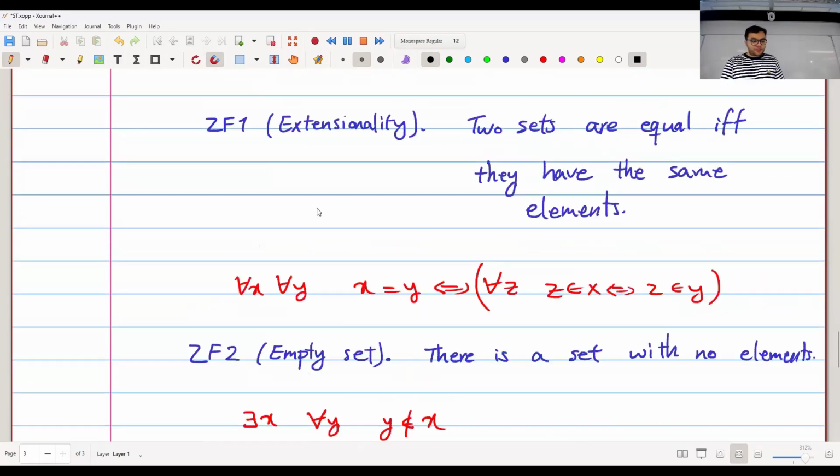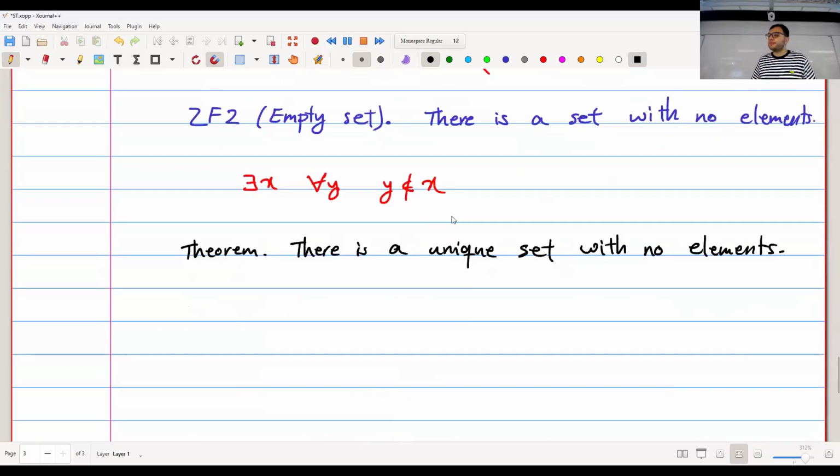At this point, I only have these two axioms. Here's what I can do. I'm going to be super formal about this, but we will get less formal when things get harder, because there's limited time in this class.